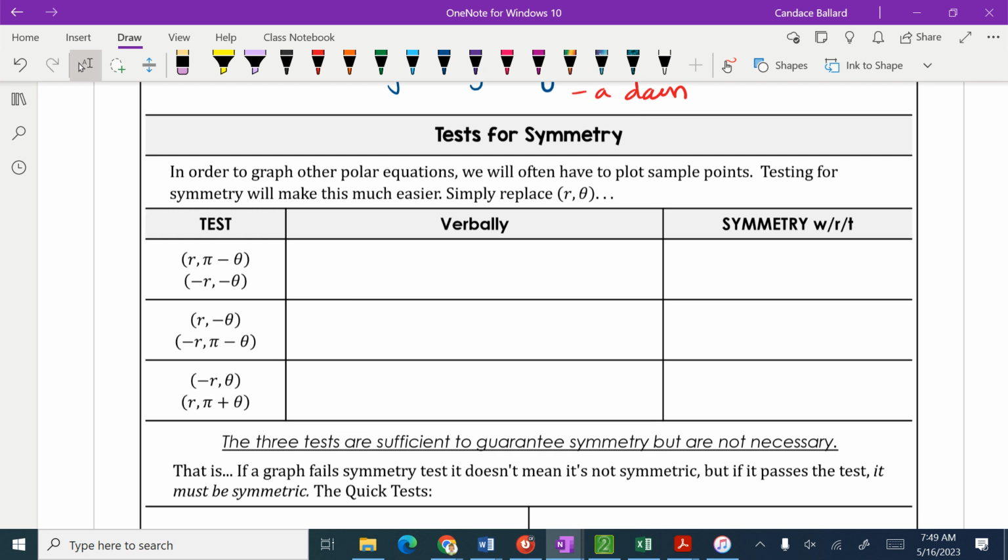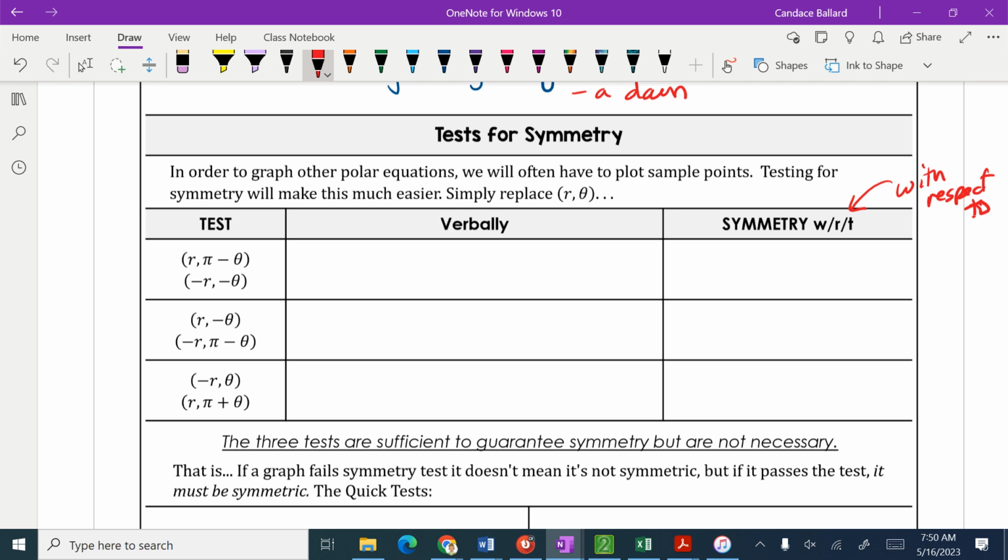So we can simply replace r and theta with some things. This says what we're going to test, what that means verbally, and its symmetry. This is an abbreviation for with respect to. We've talked about that a lot, right?